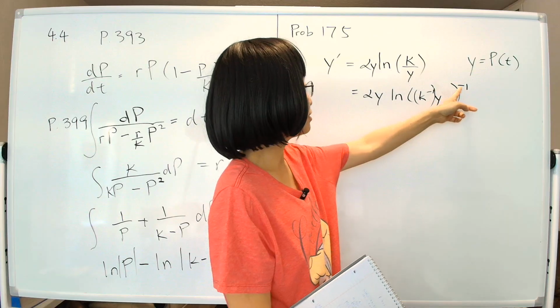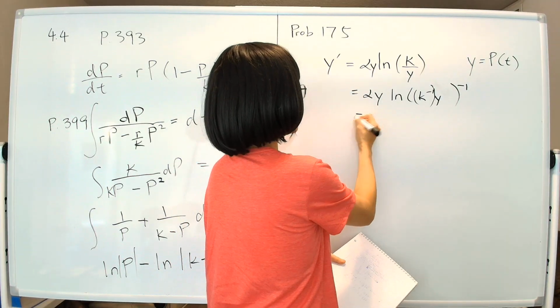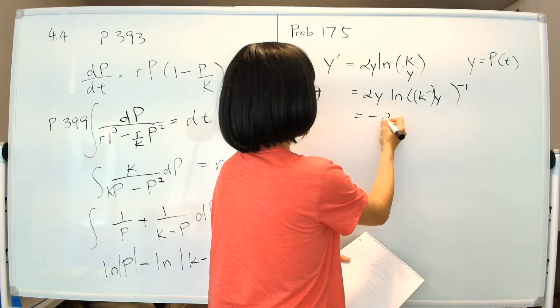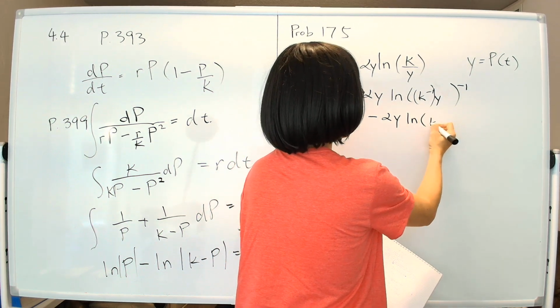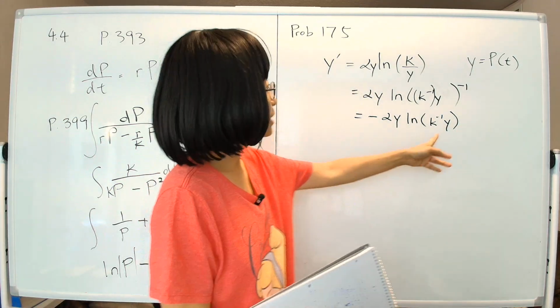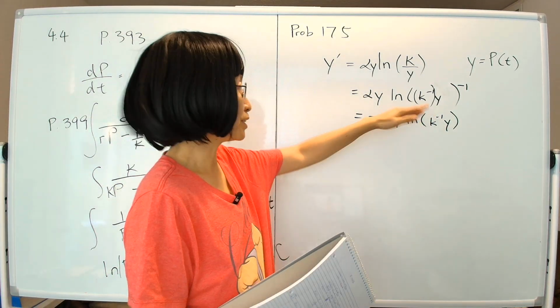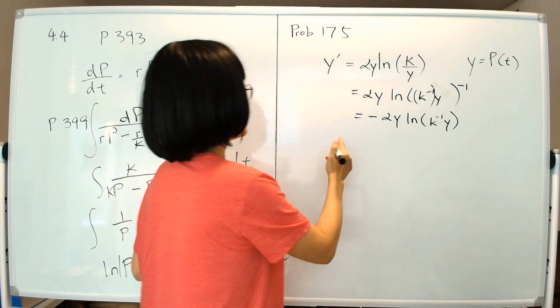The reason I want to write it out there is so that I can put it in front. So then it becomes minus alpha y natural log of k minus 1 y. That way, at least my y is not in the denominator, which might make the integration easier to do. Now, having done that, let's integrate.